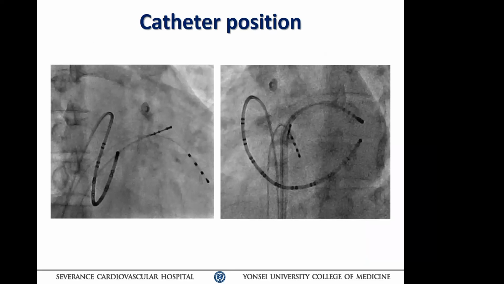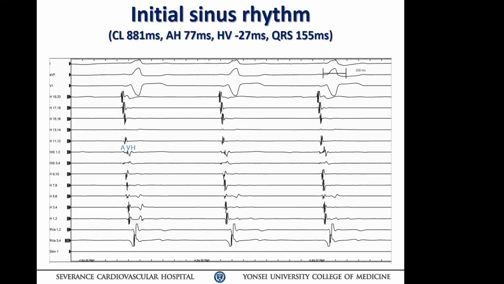We put a duodeca in the low atrium and CS, with His catheter and RV apical catheter. Initial rhythm is sinus rhythm, and we can see a negative HV interval with delta wave.